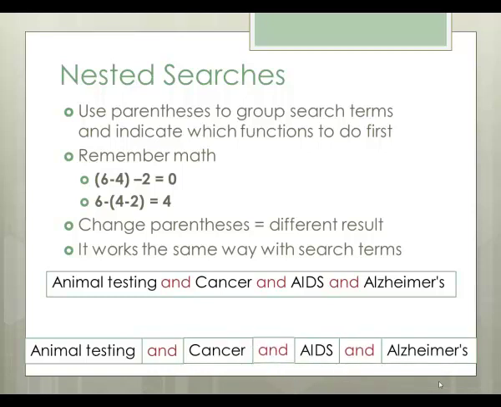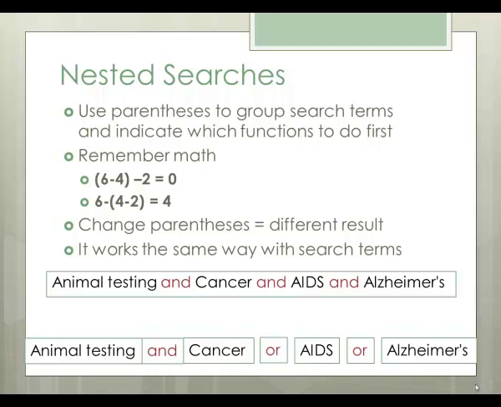Because the "and" operators tell the computer that you want all the search terms to appear in the article, we need to replace them with an operator that tells the computer that you want any of the search terms to appear in the article. That operator is "or." The "or" tells the computer that you want either cancer or AIDS or Alzheimer's in the search results.